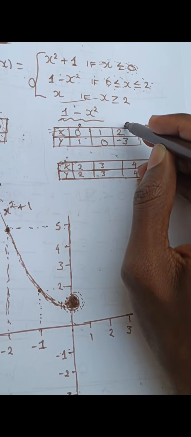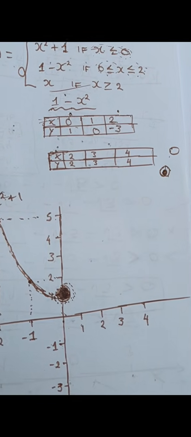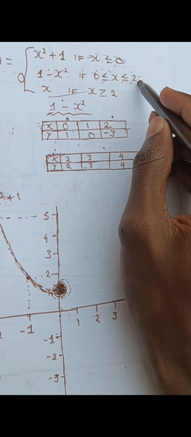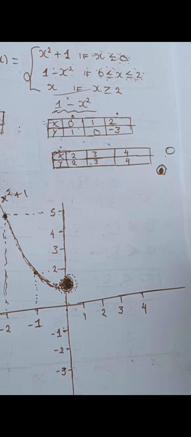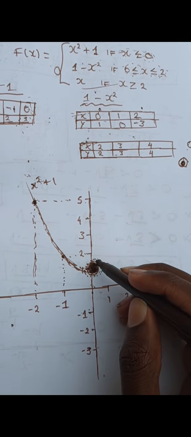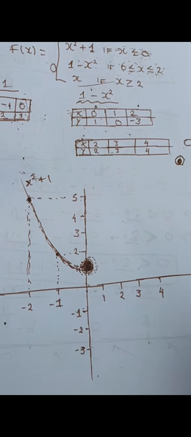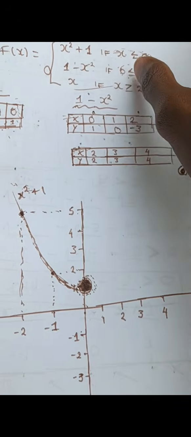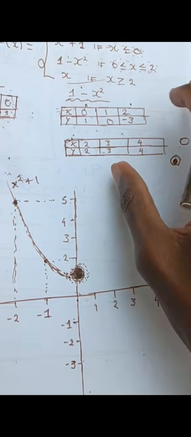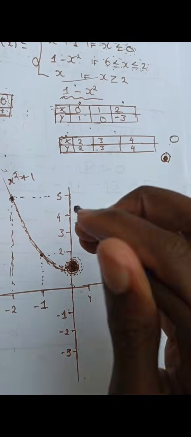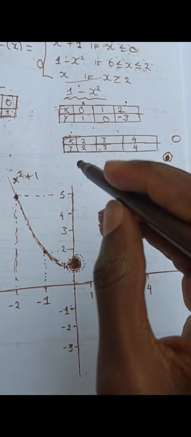And also, even this point, we are going to present it with a bubble to show that 2 is part of the set, and it's going to be shaded. I'm sure by now you know why I'm shading the bubbles. So ignore these dots. I'm just trying to show you how you can do it, because this question was very simple. I was expecting them to put you in a situation whereby you also show a bubble that's not shaded, but in this one, all the bubbles will be shaded.